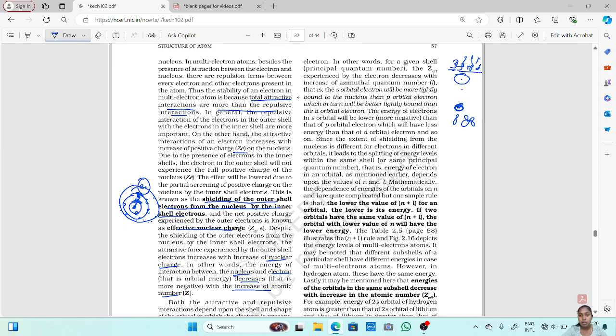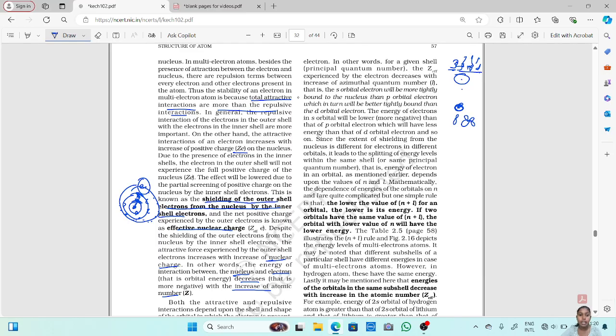That is, the s orbital's electron will be more tightly bound to the nucleus than the p orbital electron, which in turn will be more tightly bound than the d orbital electrons. So s will be tightly held, then p will be better held than the d orbital, which is loosely held.